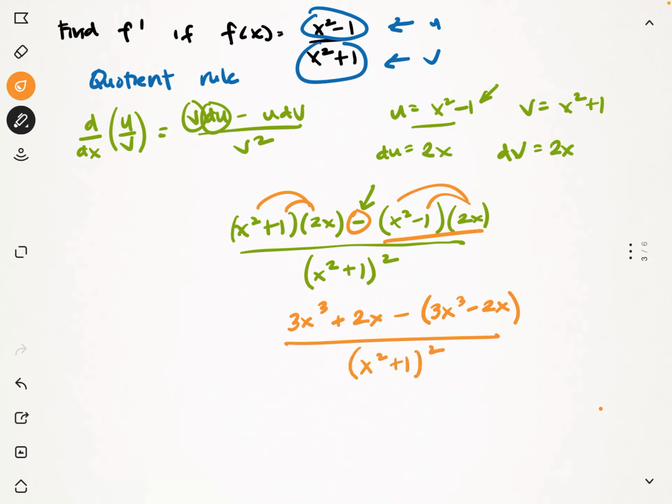Okay, now we can subtract. So 2x cubed minus 2x cubed, that's 0. 2x minus negative 2x, be careful there, that's going to be 4x. Okay, and then the bottom stays the same, and we're done.